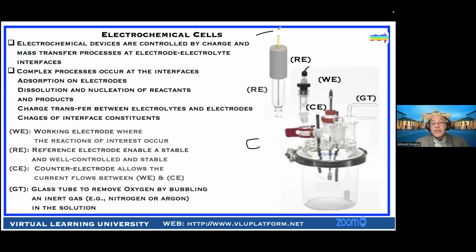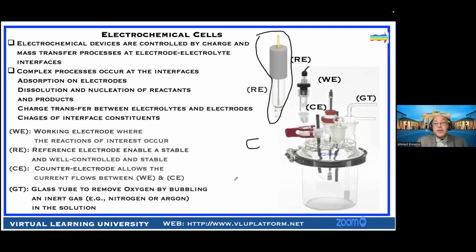We can use a silver electrode or calomel, as you see here, and we can do a very important experiment with this kind of setup, because every electrochemical device has to be very well studied qualitatively and quantitatively.